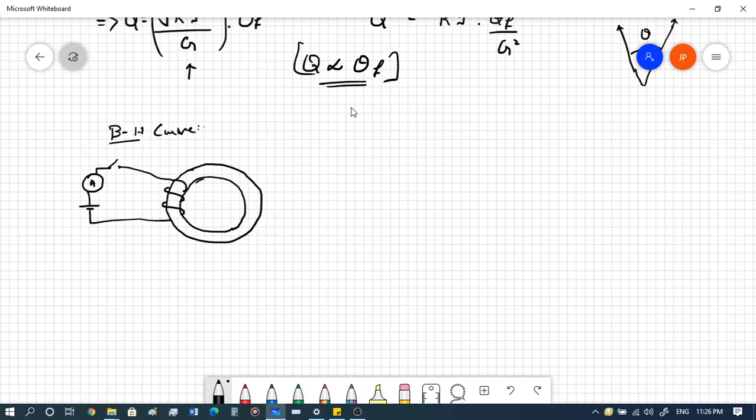It's similar to a transformer. From the secondary side we take another coil, and we connect the galvanometer over here, right?